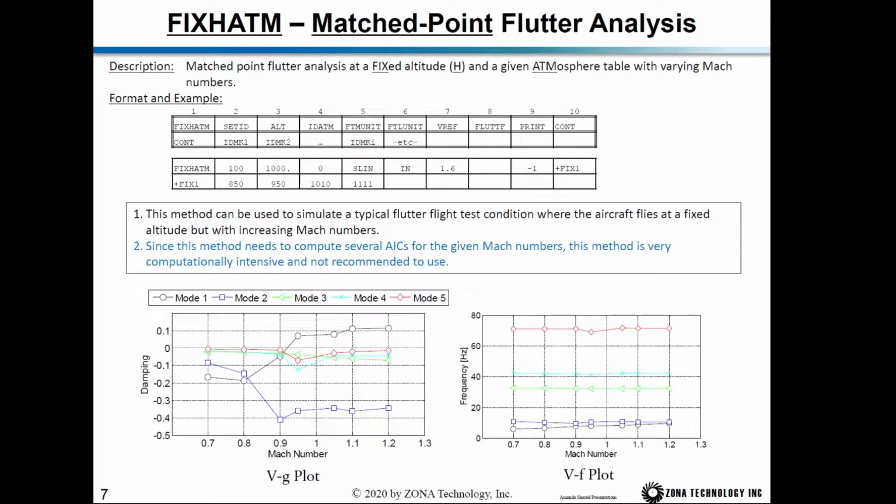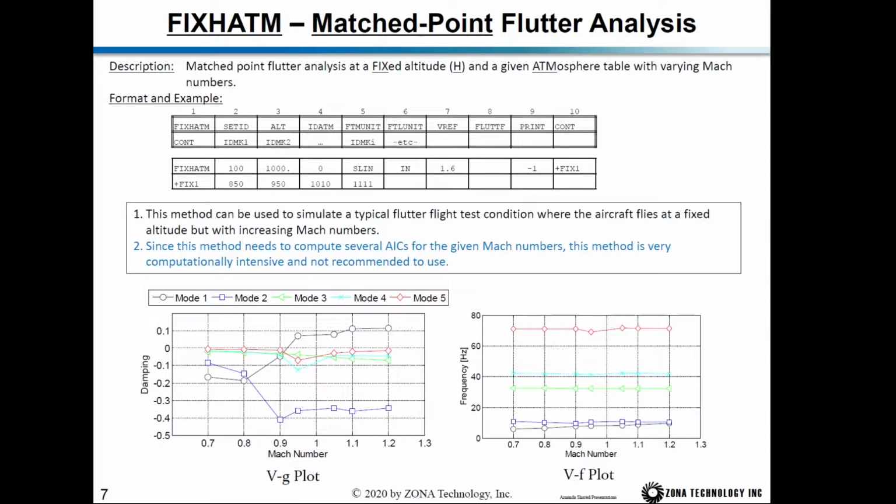For example, in the Aero card, the length unit is in inch, and here, if you say it's FT, then the altitude will be in foot, and all the output Flutter velocity will be in foot. This is a reference velocity. So the Flutter velocity will be normalized by this reference velocity, and the FLUTTF is referred to as a FLUTTF card.